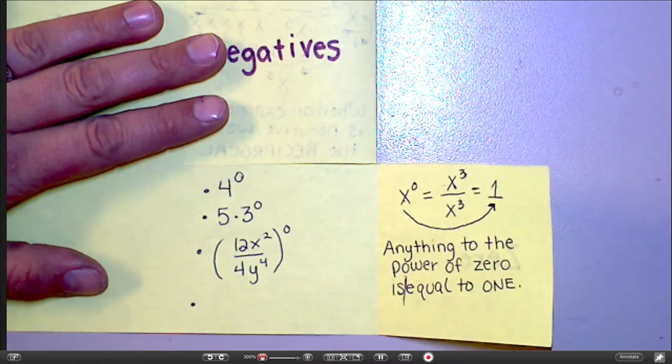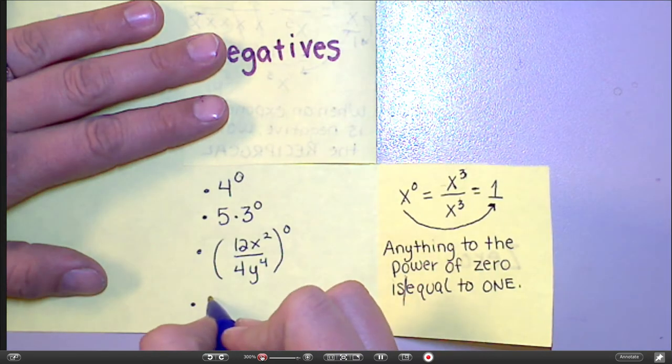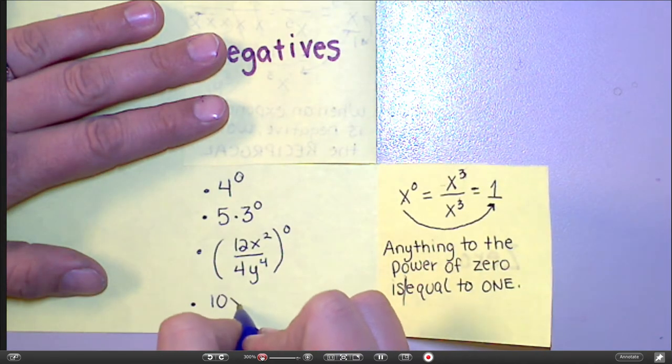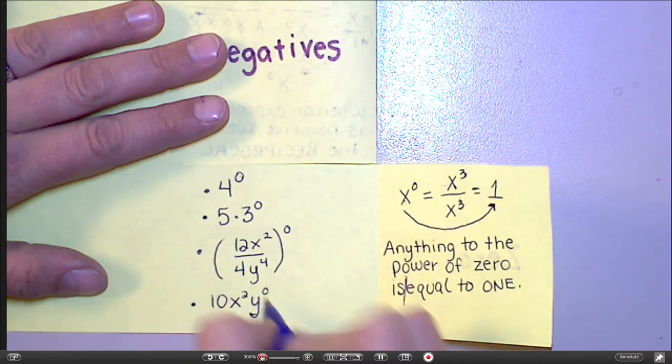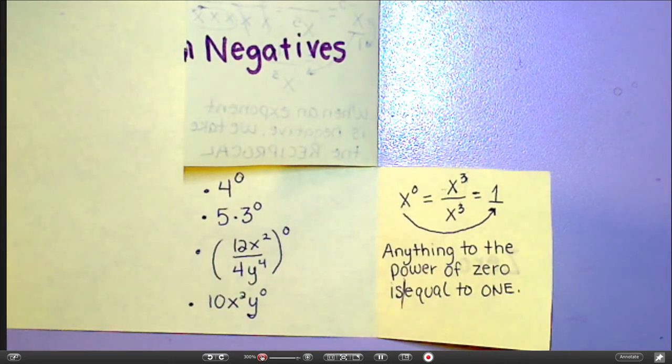And we're going to do 4 of them here. Let's do 10x squared y to the 0. Take a second, get those written down.